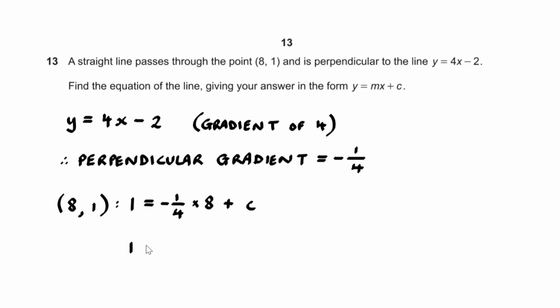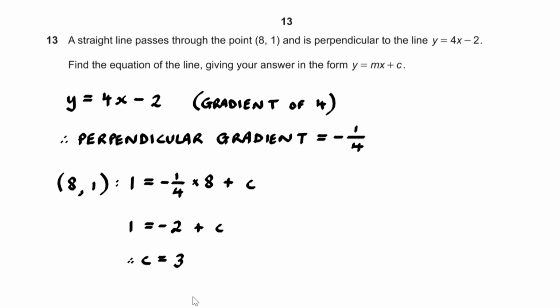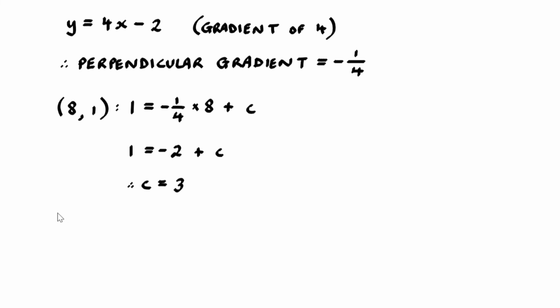We've got 1 equals, now minus 1/4 times by 8, that's equal to minus 2. And then we add on c, which means c is equal to 1 plus 2, which is 3. Now that we've got c, we can therefore conclude that the equation of the line is y equals minus 1/4 x plus 3. This is the equation of the straight line.